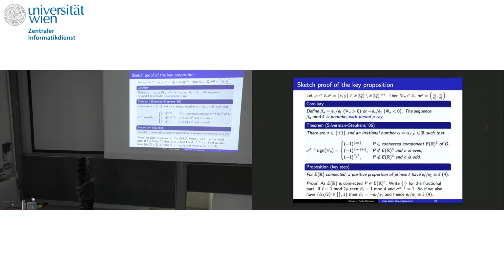So beta 1 is just E1 on E1, so beta 1 is 1. So if L is congruent to 1 mod rho, this means that beta L is congruent to beta 1 mod 4 by this periodicity. And so beta L is congruent to 1 mod 4. I've put this 2 here so that L would be odd, which means that sigma to the n minus 1 is 1.